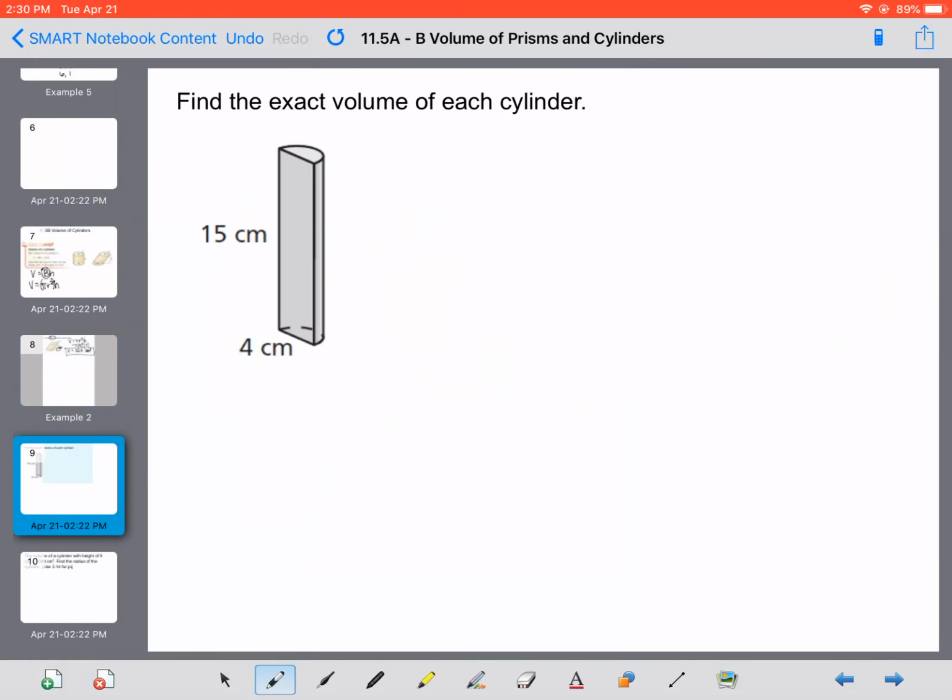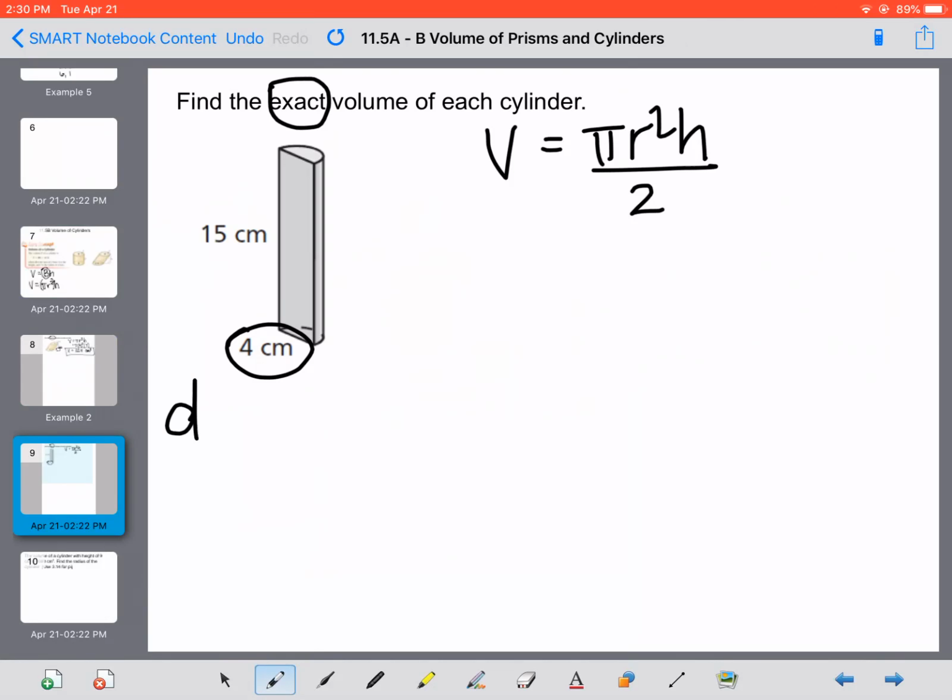Okay, let's look at another one. So again, I'm asking you to find the exact volume of the cylinder, but in this case, I actually only have half of a cylinder. So we know that a volume of a cylinder is pi r squared h, but because there's only half of it, I'm just going to take that and divide it by 2. So that 4 centimeters, this right here is the diameter. So if my diameter is 4, then that means my radius must be 2.